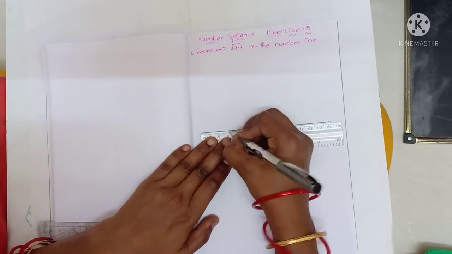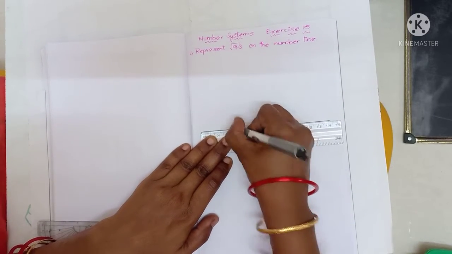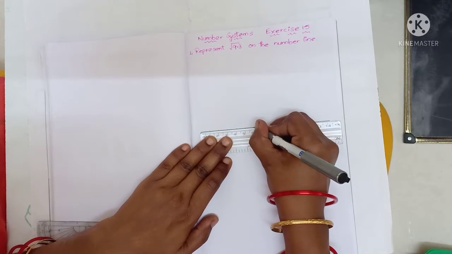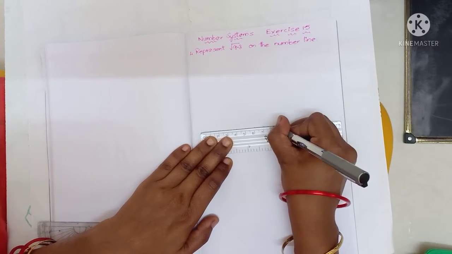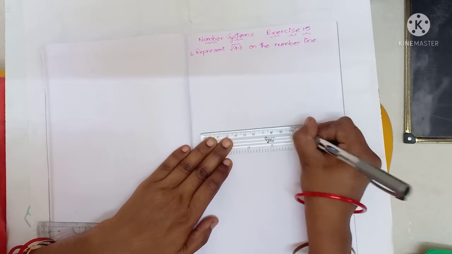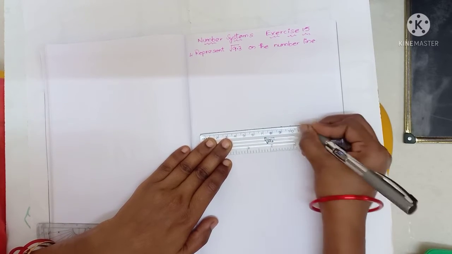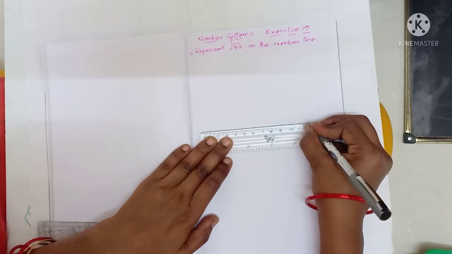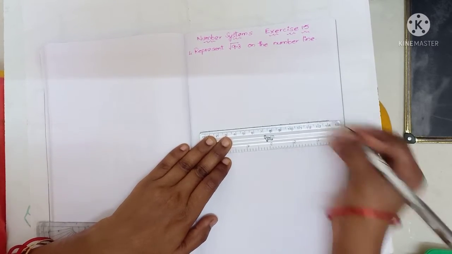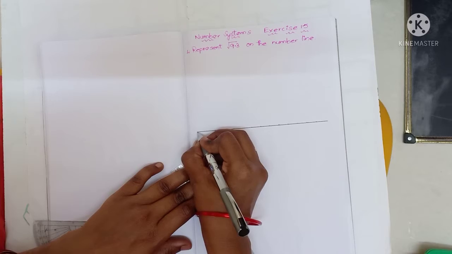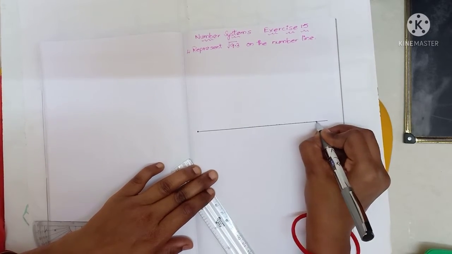0, 1, 2, 3, 4, 5, 6, 7, 8, 9, 10, 11, 12, 13 and so on. Okay children, the number line starts here.